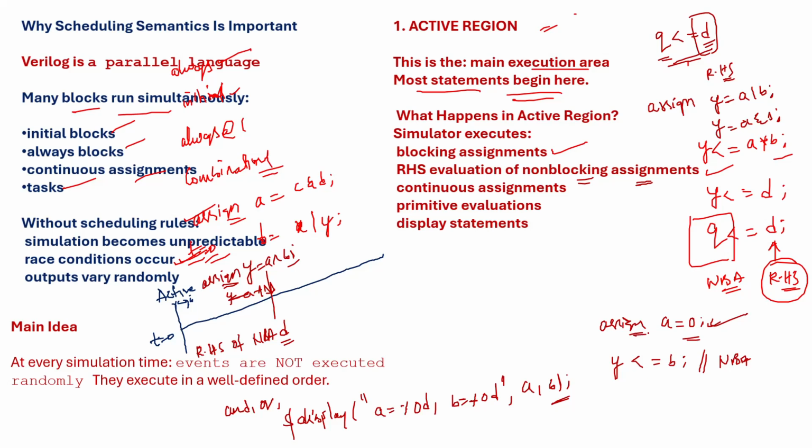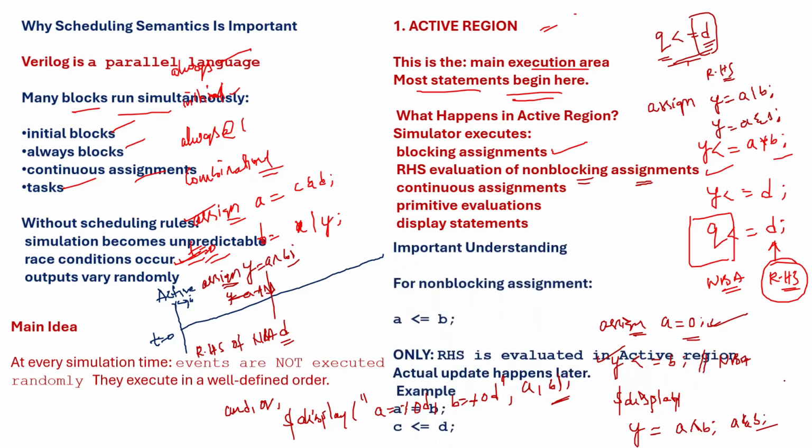This will be executed in the active region only, and this non-blocking assignment is also executed in the active region only. And the $display statement you are writing, these are also executing in the active region only. And then I am writing some combinational circuits like y equal to a XOR b, or y equal to a and b. All these are executed in the active region only. Remember, clear?